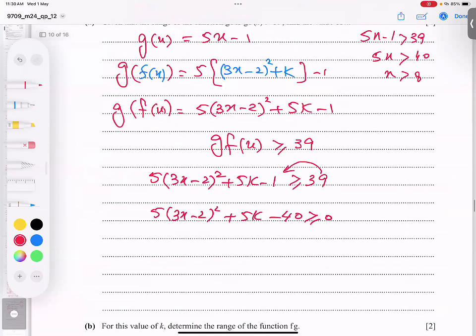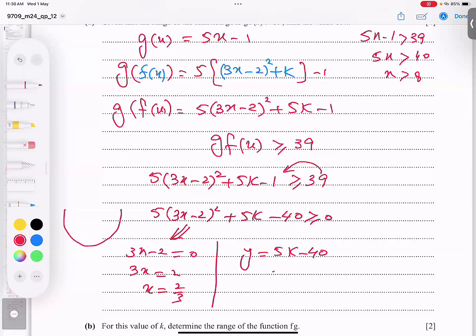Same story, students, we have here. I will put this part equal to 0, and I get 3x minus 2 equals 2, and x becomes 2 by 3. This is not our concern actually, but I just show you. This is our y value, or I can say the y value is 5k minus 40. As you can see, naturally we have a parabolic curve, so the range goes up from this number.